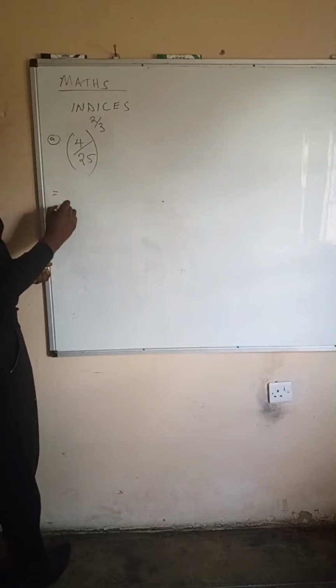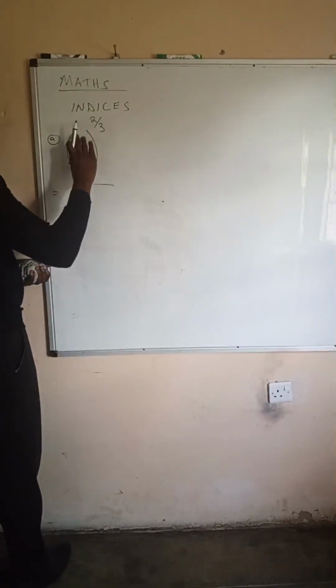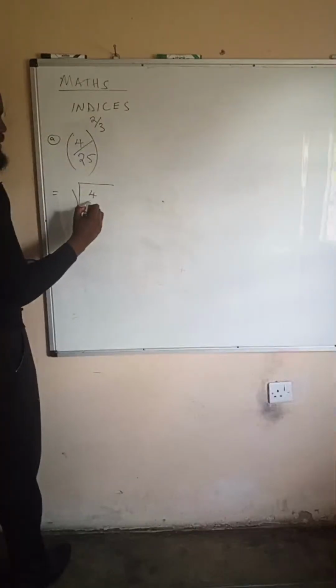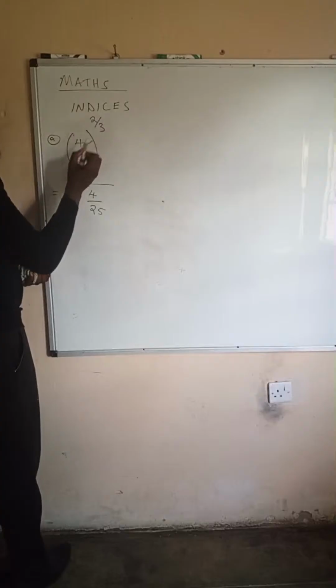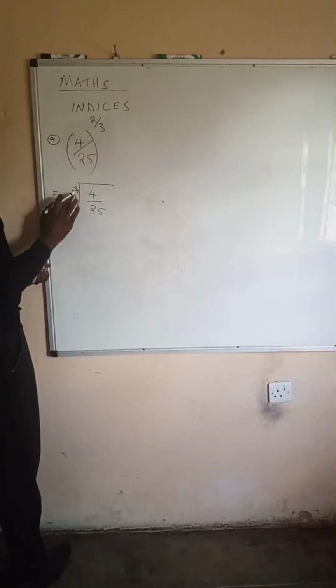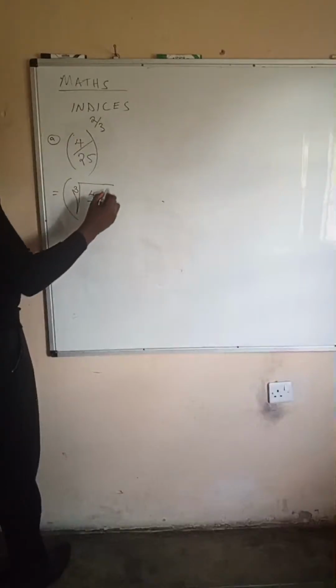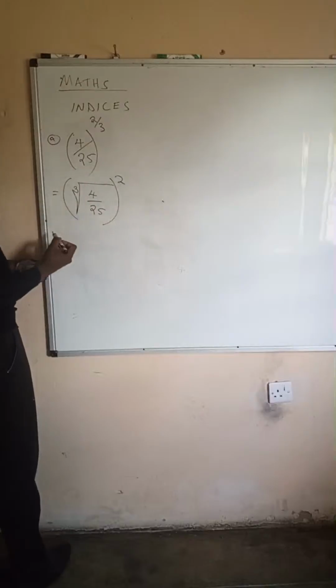The first thing you do, I said you put a square root. Then this number, 4 over 25, you bring it in the square root. The number down, 3, you bring it in front. You put your brackets. The number on top also comes here as a power.